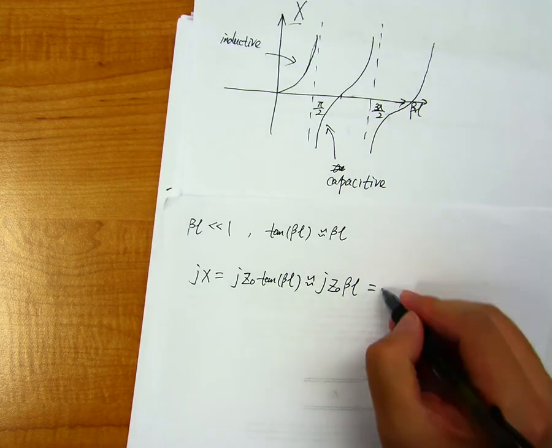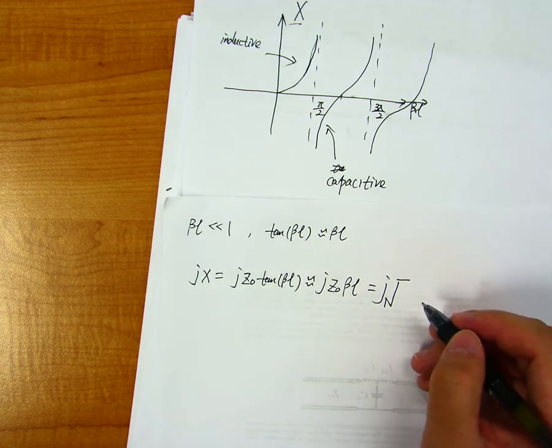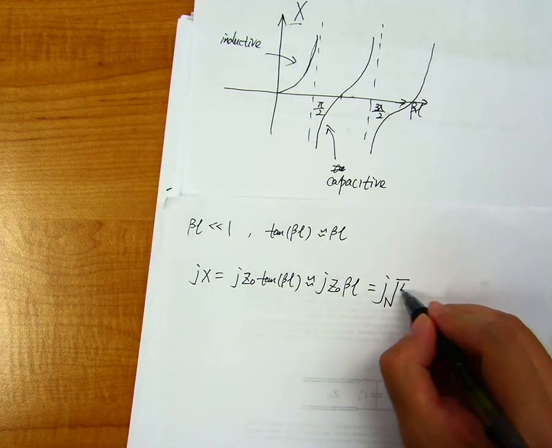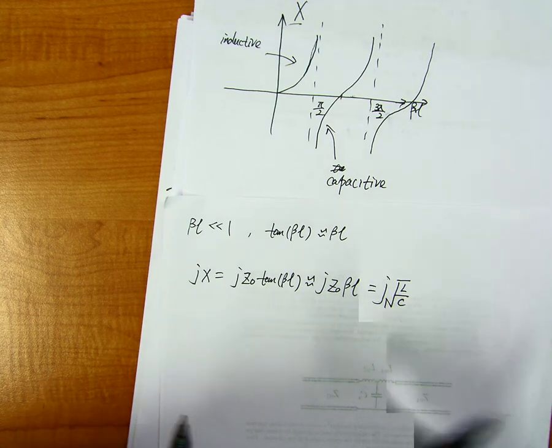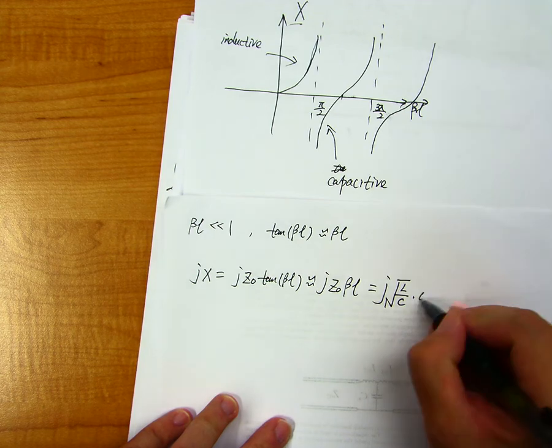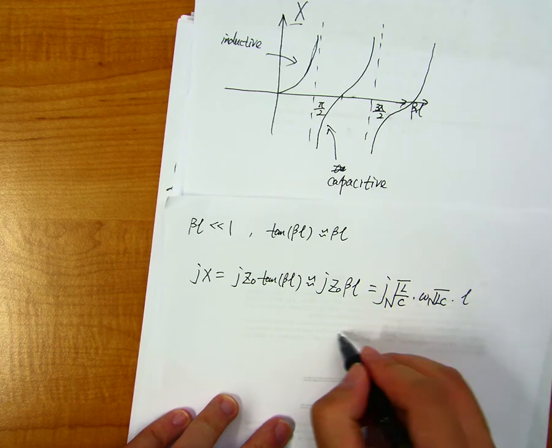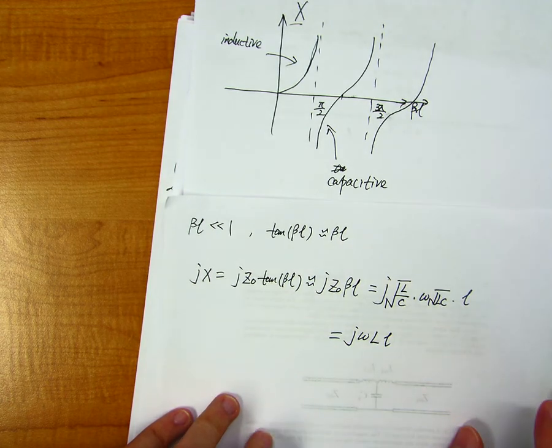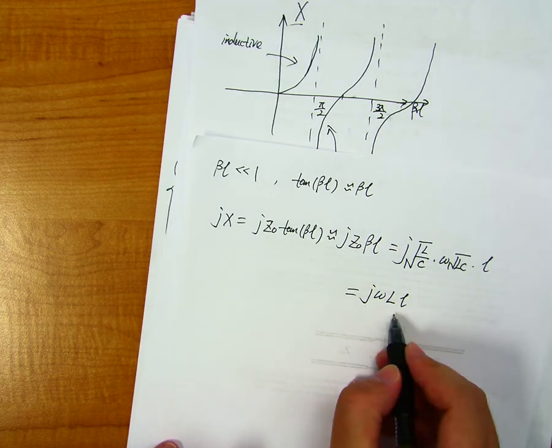And since Z naught is equal to the square root of L over C, where L and C are the inductance and the capacitance of the transmission line per unit length, and beta is equal to omega times the square root of LC, then times L, this is equal to J omega times big L small l, which means we actually have a linearized inductor.